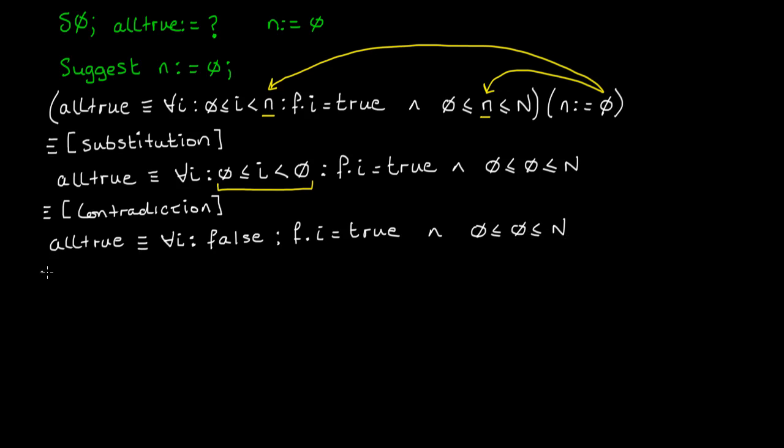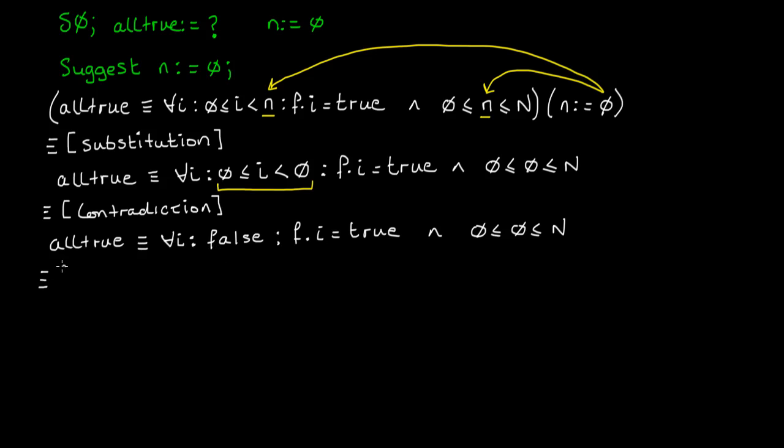So the next thing we need to look at is how does for all operate over an empty range, over this range of false? Well, if you've looked at the summary of the sequence operators, you'll know that for all over an empty range is true.